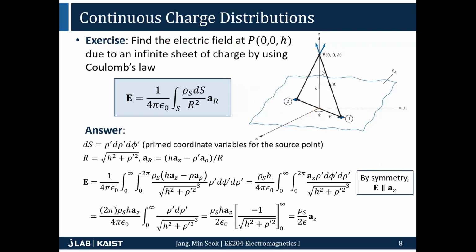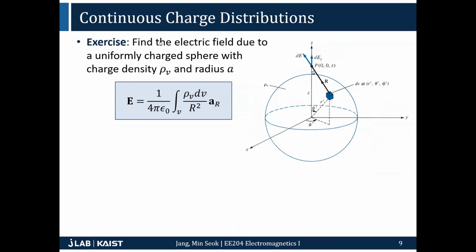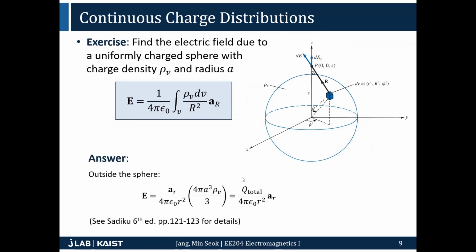Okay, so finally, continuous charge distribution. Of course, you can also do a similar job, but I just don't want to do it. But here, what I give you as an example is that if you want to evaluate the electric field outside the charged sphere, it's the same as the electric field exerted by a point charge.